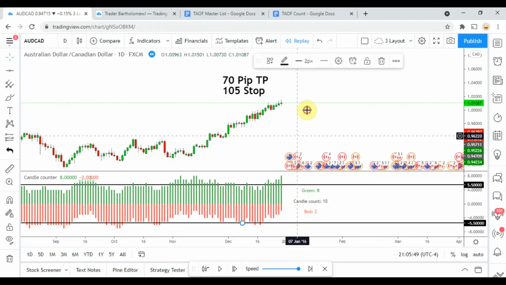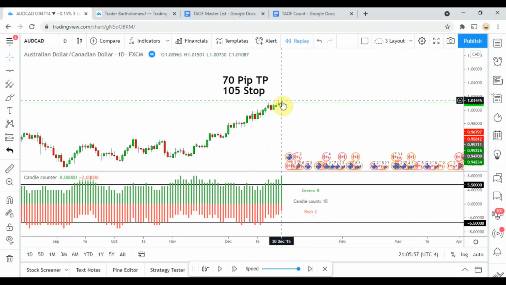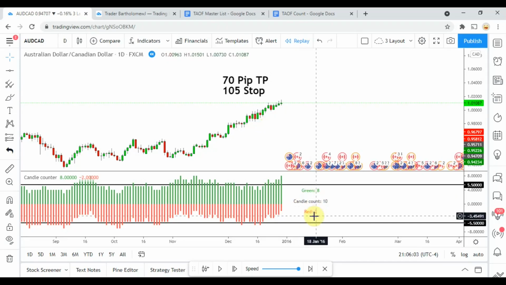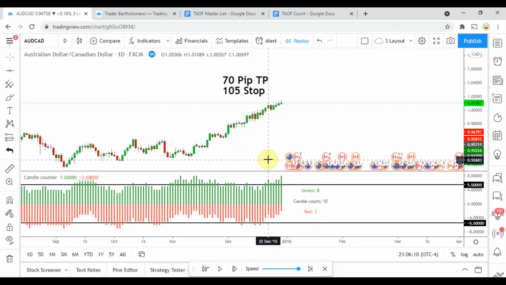You can see there. Basically, what this indicator does is it is counting the last 10 bars. Each bar looks 10 bars back and counts how many green bars and how many red bars are within that 10 bars back. The higher number of green bars, the higher the green reaches up.